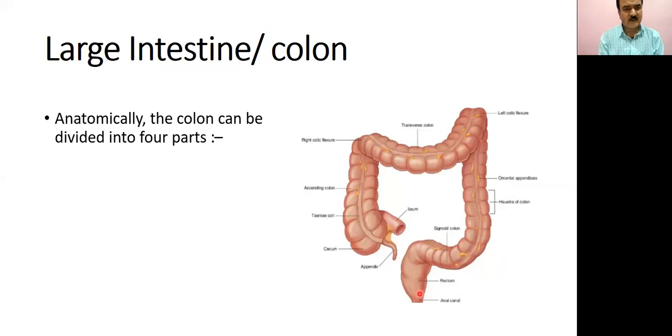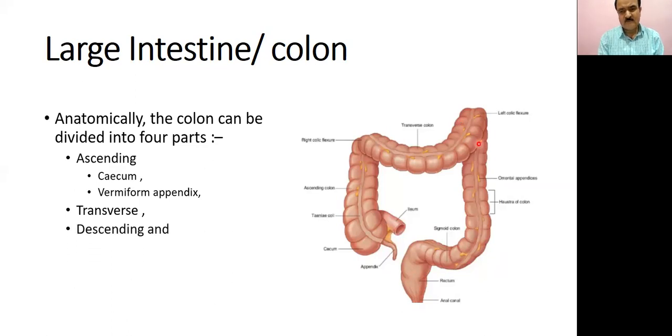Anatomically, the colon can be divided into four parts: the ascending colon, which also has the cecum and the appendix, the transverse colon, the descending colon, and the sigmoid colon.